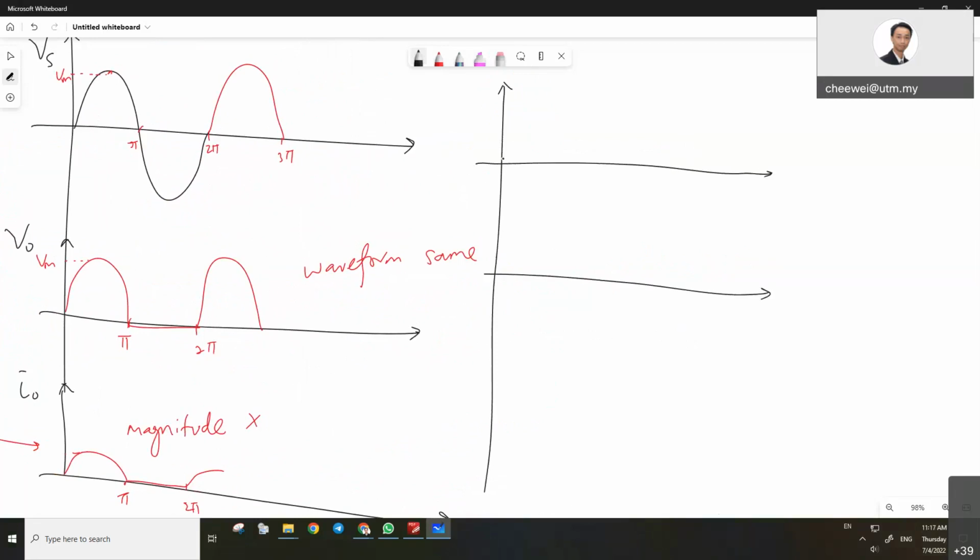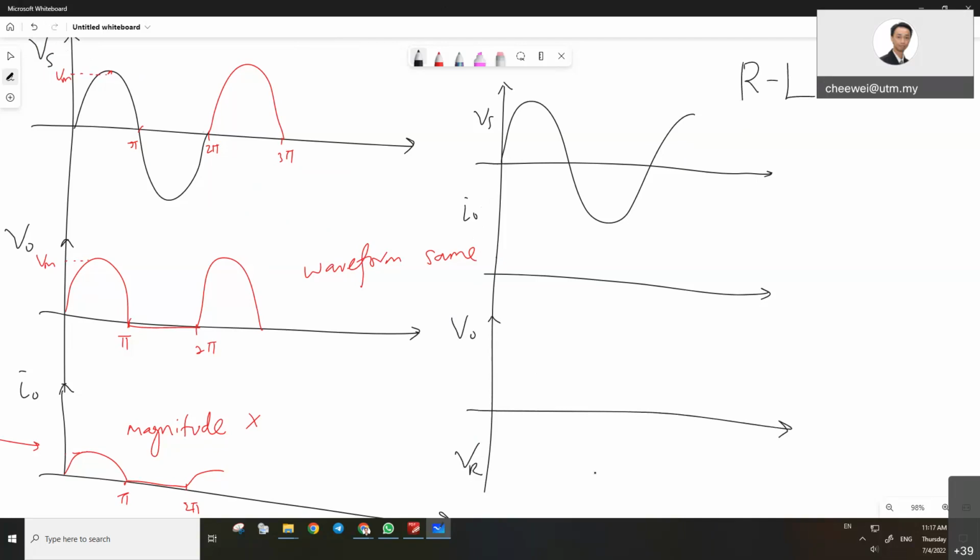Can you draw it? If this is Vs, what about the V out? And we start with I out first. I out, and then you will have V out. And then if it is RL load, still say that we have R and L, then we will need to have the VR and VL, right?